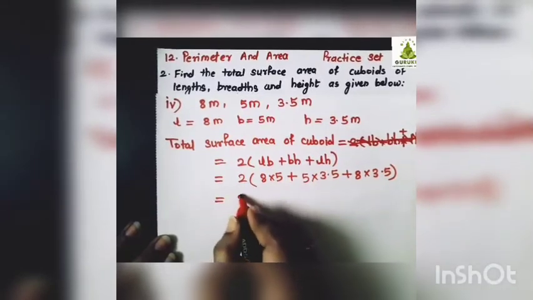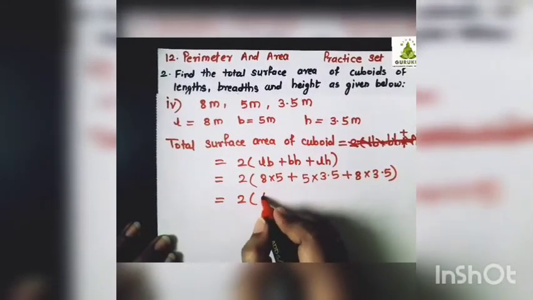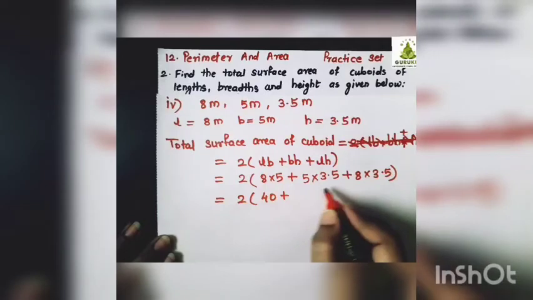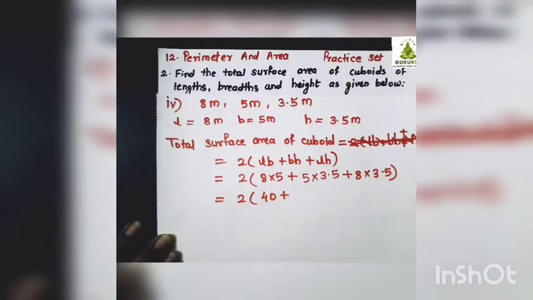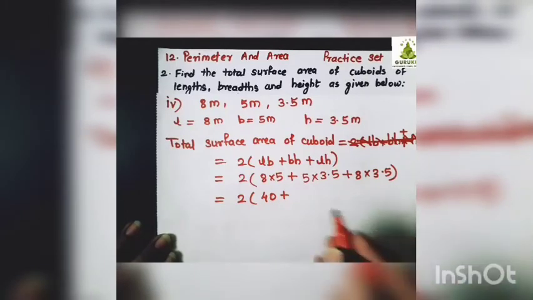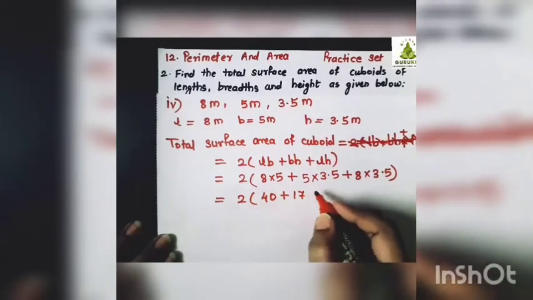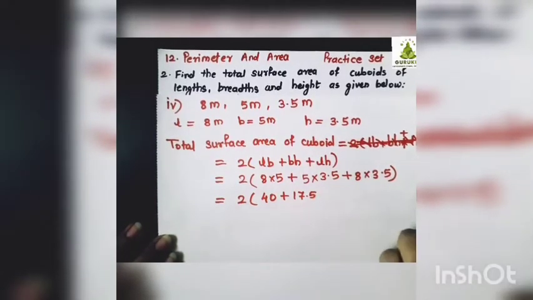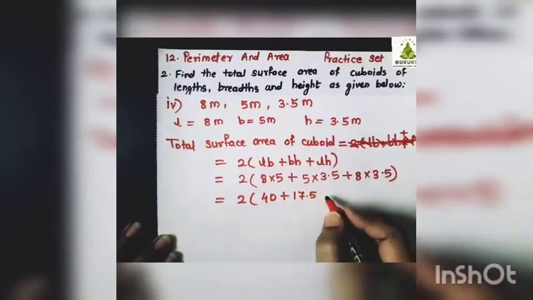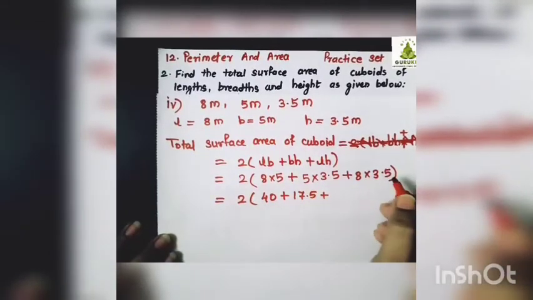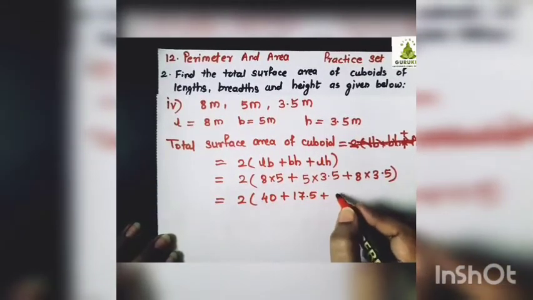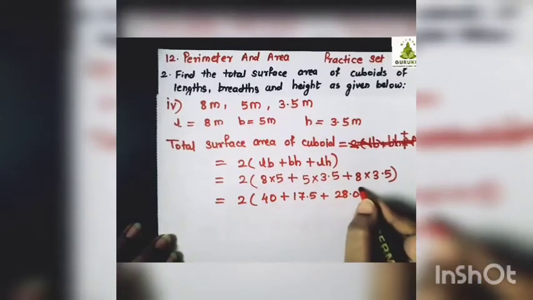Do the multiplication. 8 fives are 40. Then 35 threes are 105, so it will be 17.5. And 8 into 3.5 will be 28.0.